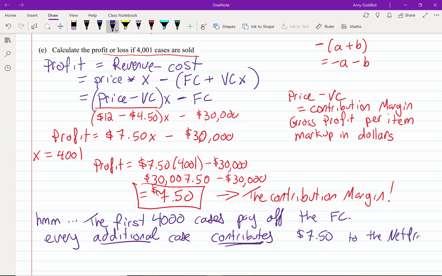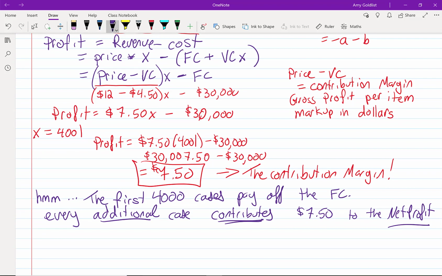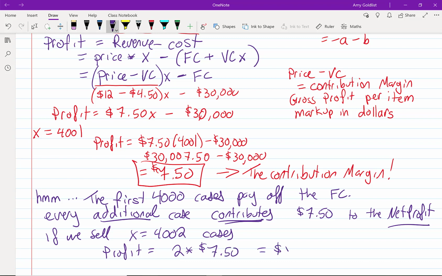And in this case, we are talking about net profit because we're subtracting the fixed costs. That means if we sell X equals 4,002 cases, our profits, net profits, are going to be 2 times $7.50 or $15.